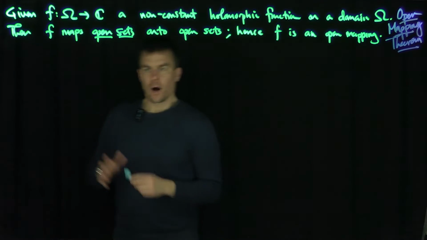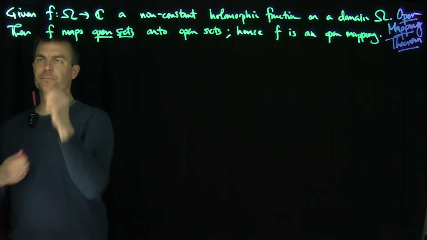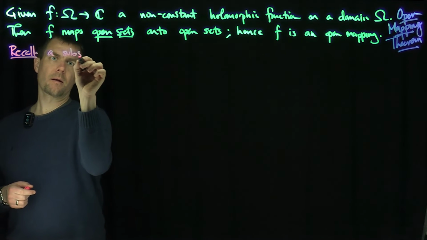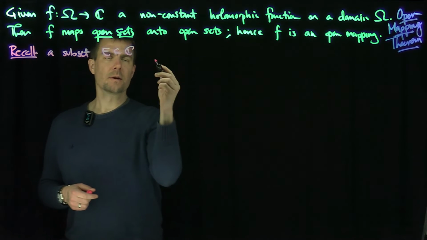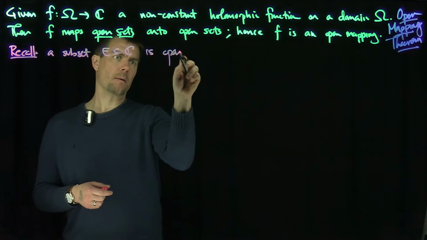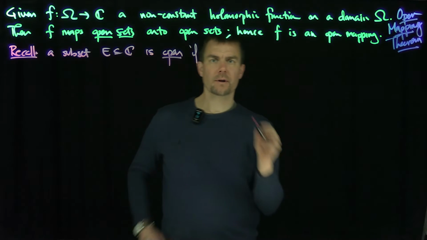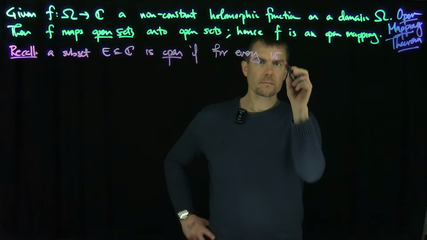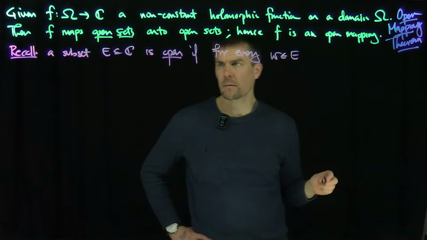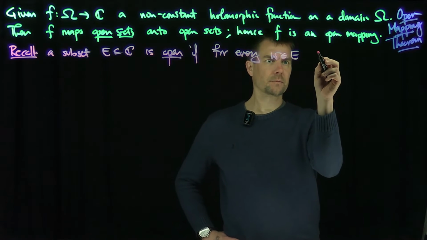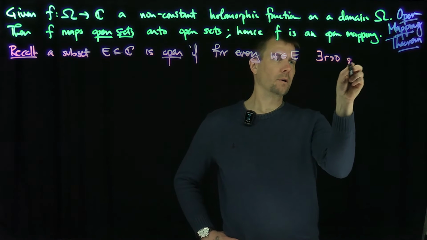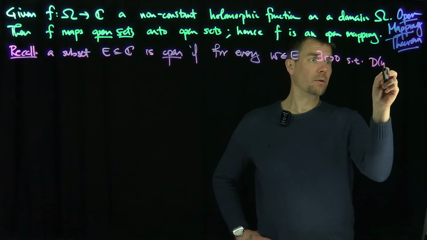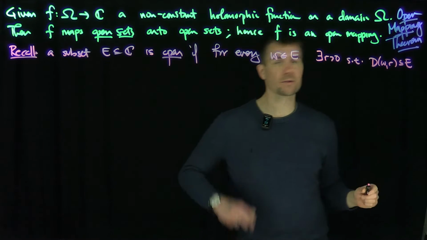Okay. All right, excellent. Of course, recall a subset E of C is open if for every w in E, there exists an R greater than 0 such that the disk centered at w of radius R is contained in E. It contains a small disk about that point.